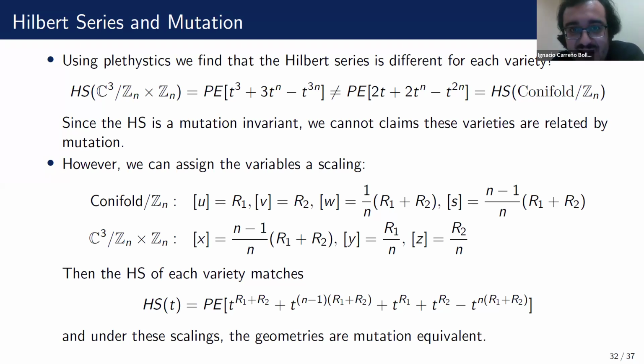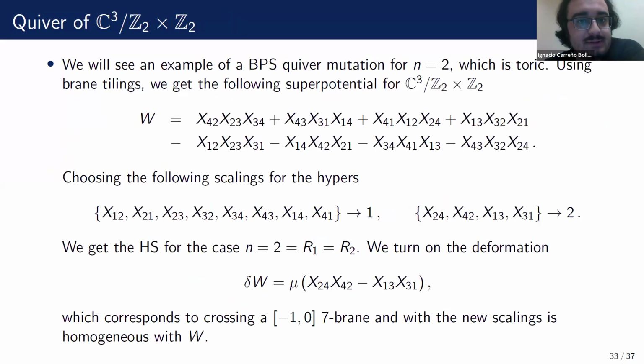So we claim that under these changes, under this U1 choice, the geometries are mutation equivalent. So we will now continue with the explicit example of C3 mod Z2 times Z2, which in the n equals 2 case is toric.